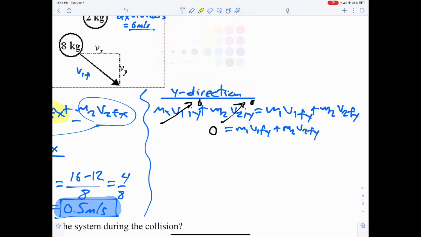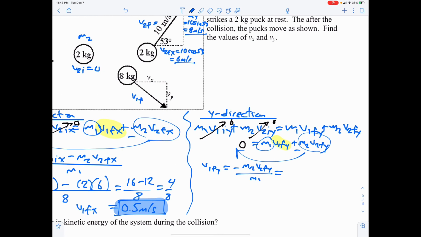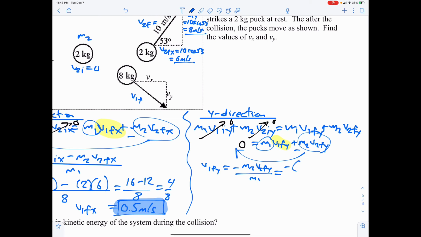I'm solving the equation for this, so I'm going to take this, subtract it over, and divide by that. V1 final in the y direction is negative M2 V2 final in the y direction divided by M1. So negative M2 would be 2 times V2 final in the y direction, which is 8, over mass 1, which was 8. Those cancel, leaving you with negative 2.